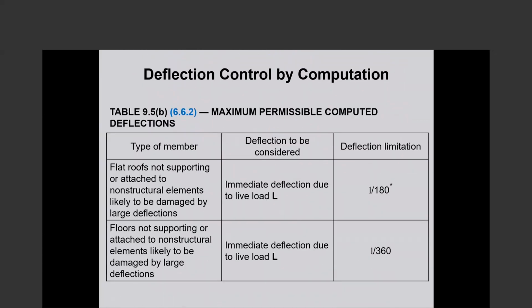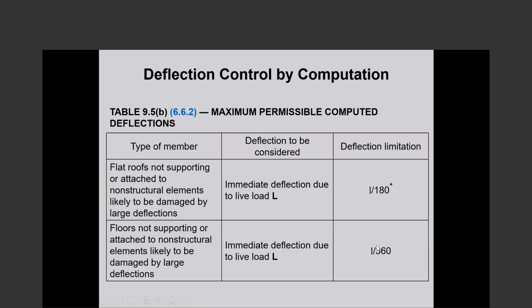Short-term deflection at the end of whatever period of time. Now, what are the deflection limits? So now you come to Table 9.5b. There are 2 parts to the table: flat roofs not supporting or attached to non-structural elements likely to be damaged by large deflections, and then those supporting or attached to non-structural elements likely to be damaged by large deflections.